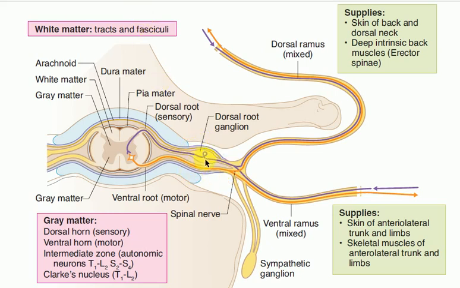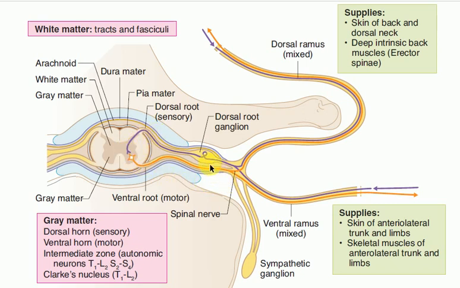So as you can see, the dorsal root, the central process shown over here in the blue or purple color, the central process of the dorsal root ganglion neurons, they are entering the spinal cord at the dorsal horn of the gray matter of the spinal cord, and their axons are going into the gray matter.